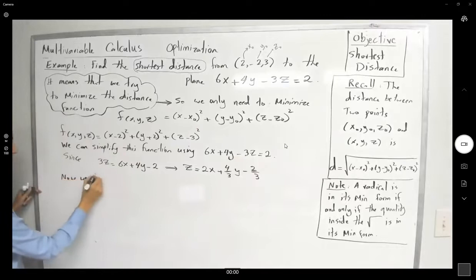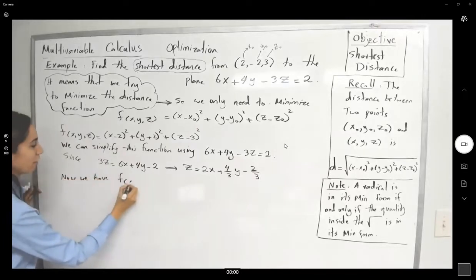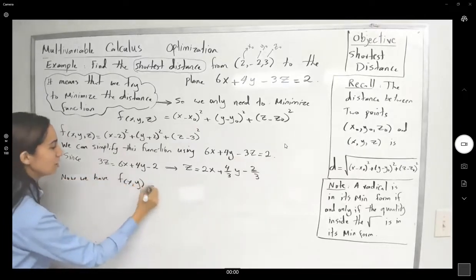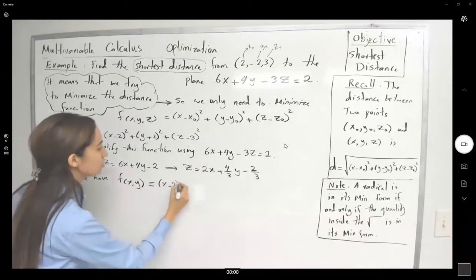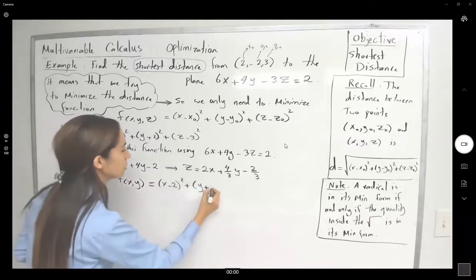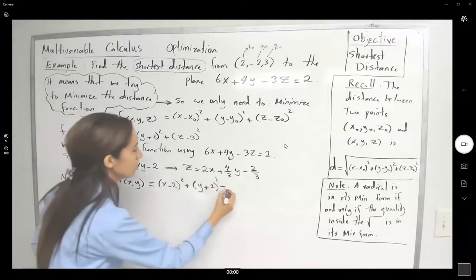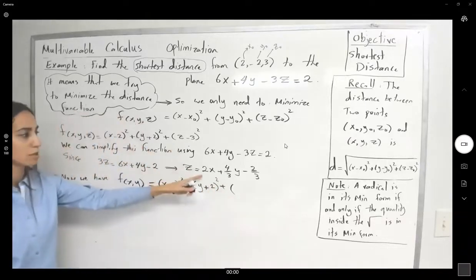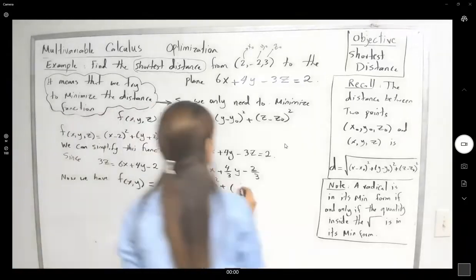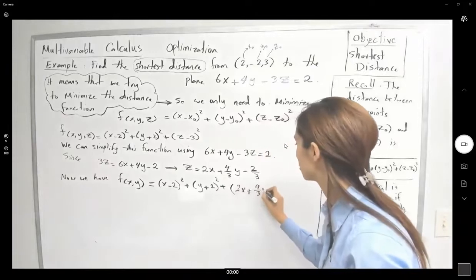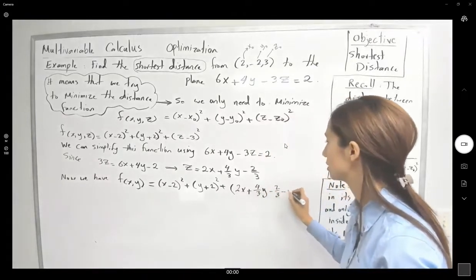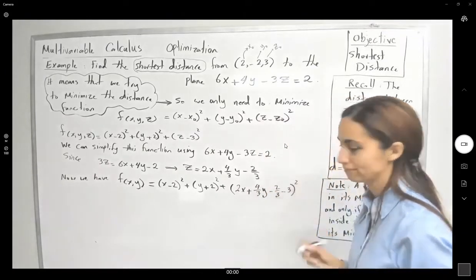Now we have f of x and y equals x minus 2 squared plus y plus 2 squared plus whatever this z is, you plug that in: 2x plus 4/3 y minus 2/3 minus 3, squared.